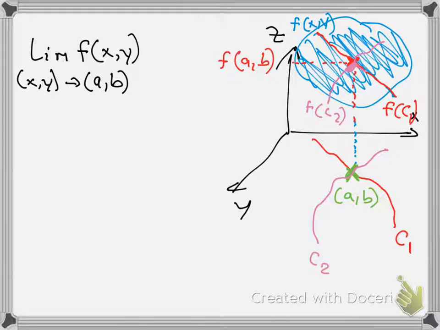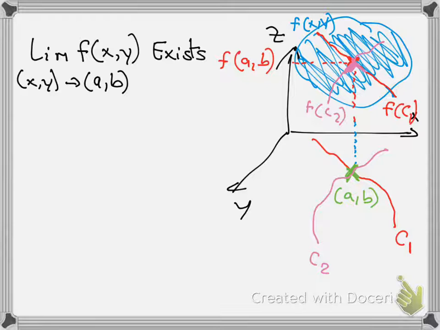So if the two limits coincide along these two paths C1 and C2, then the limit exists. But again, the paths C1 and C2 are just random paths. They could be any path.